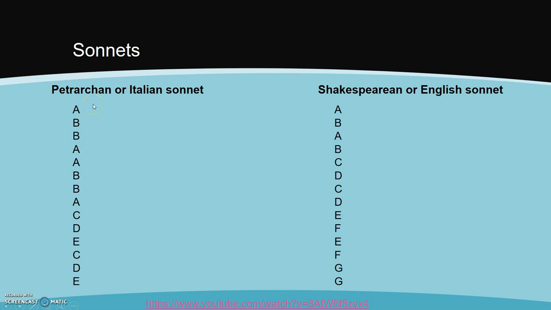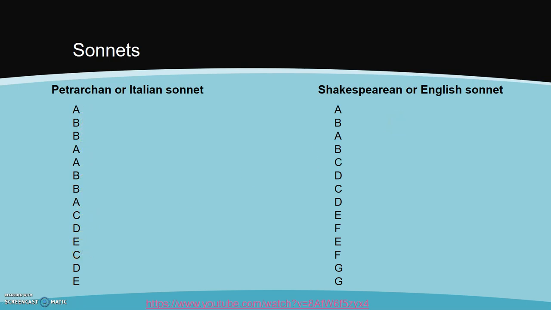So the Italian sonnet has a rhyme scheme called A, B, B, A. That's the first quatrain. The second quatrain is a repetition, A, B, B, A. The last 6 lines are a sestet, being 3 lines repeated twice, C, D, E, C, D, E. So 14 lines with an end rhyme scheme like this.